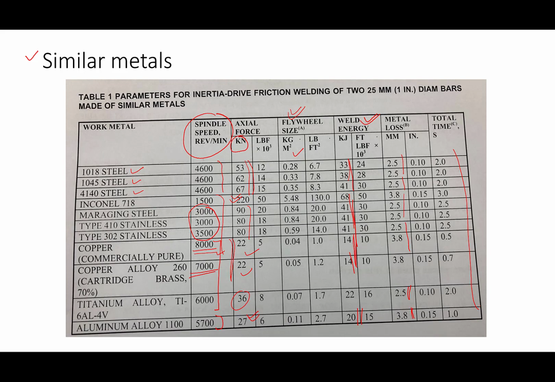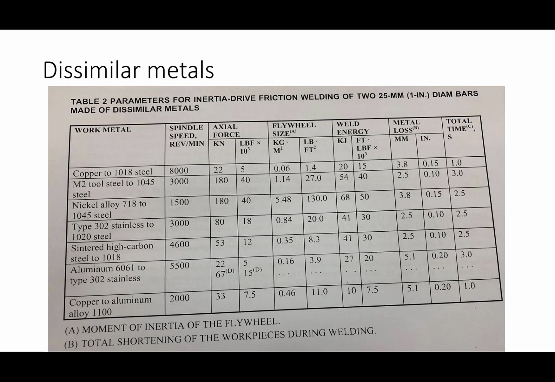So this was about similar metal welding, which I talked about earlier. Now what happens when you use dissimilar metal welding, say copper to steel, or tool steel to normal alloy steel, or simple carbon steel 1045, nickel to 1045 steel, stainless steel to carbon steel 1020.